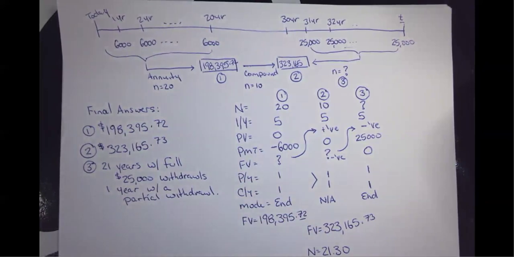So 21 full withdrawals of $25,000, 1 partial withdrawal. So 22 total years of being able to withdraw from that account.